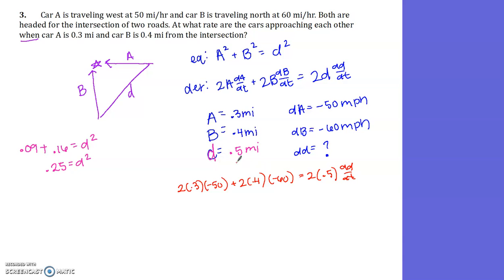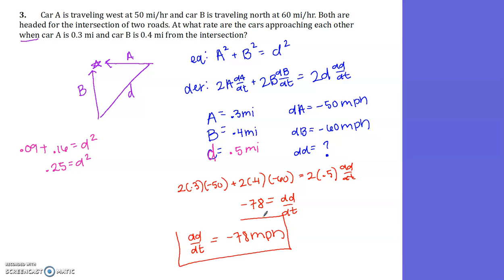I'm just going to add this up. Multiply those, add them together. That gives you negative 78. 2 times 0.5 is 1. So you get negative 78 for your dD dt. Then I just need my unit, and these rates are in miles per hour. So dD dt is going to be negative 78 miles per hour.